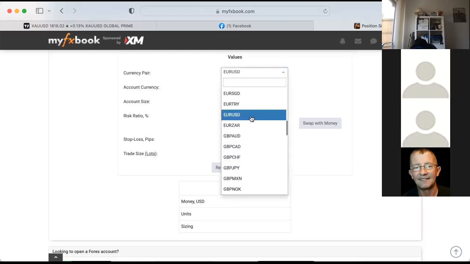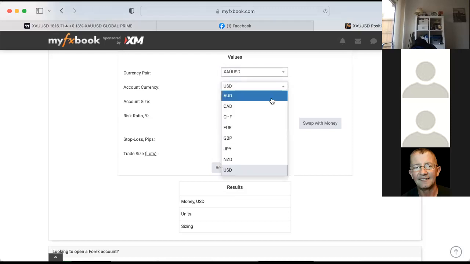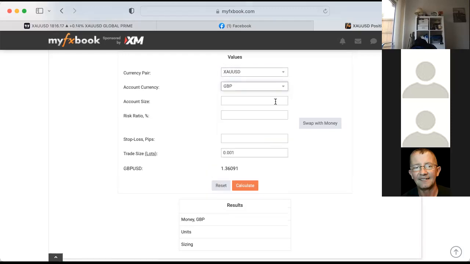But you need to change it for gold. So it will automatically come up at 0.001.